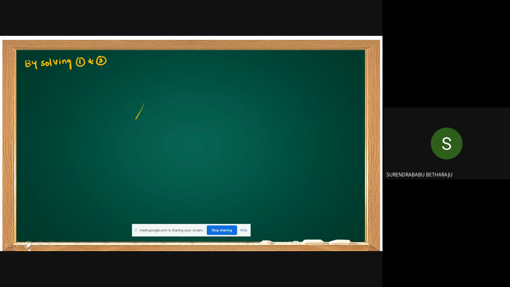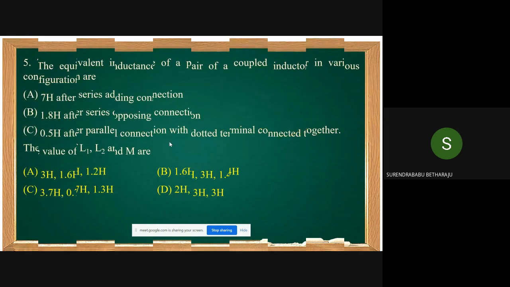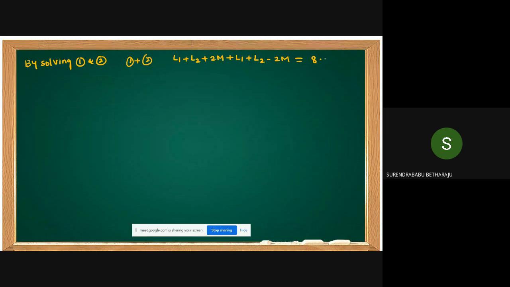L1 plus L2 plus 2M plus L1 plus L2 minus 2M is equal to 7 plus 1.8, that is 8.8. Plus 2M minus 2M is cancelled, so 2 into (L1 plus L2) is 8.8. Then L1 plus L2 is equal to 4.4.